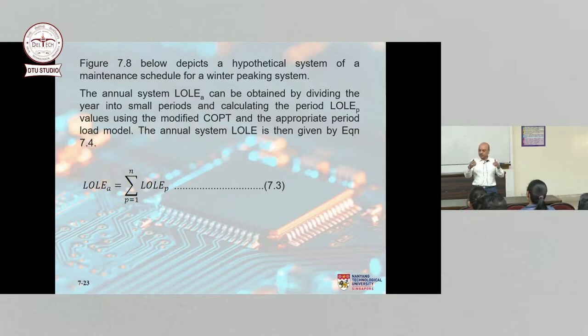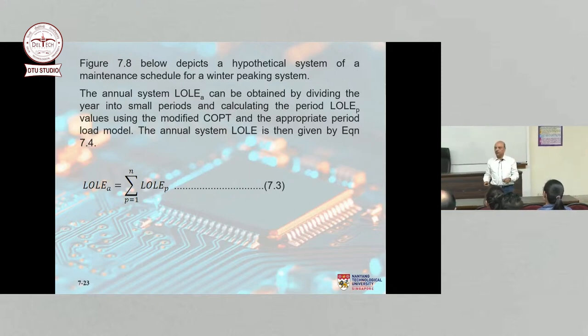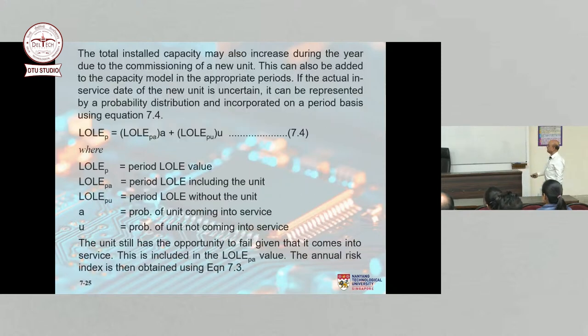Then you use the COPT during that period, and then you convolve it with the load during that period. You will get one LOLE, right? So you'll get LOLE1. Then you do the same for another maintenance period and another maintenance period, and you sum them all up. You will get the overall risk in the system by considering maintenance schedule. So that's one way. The approximate way is this.